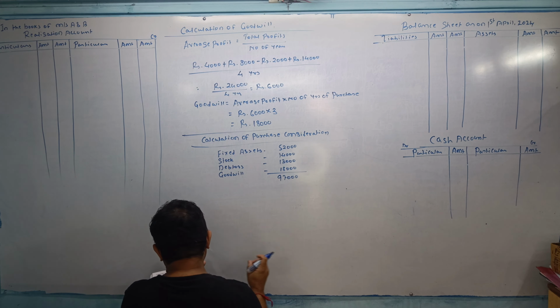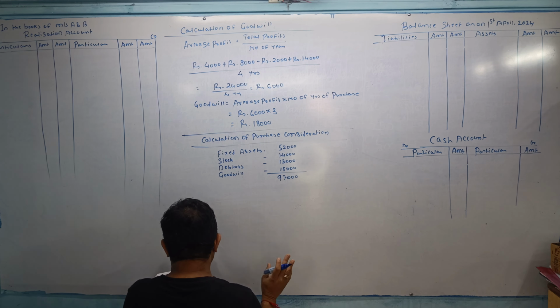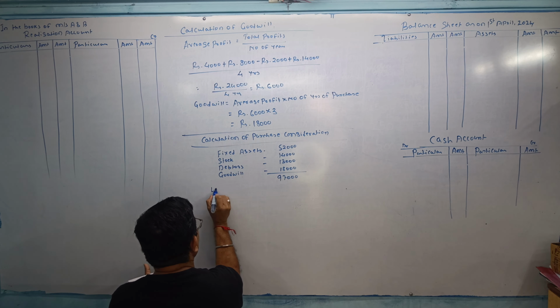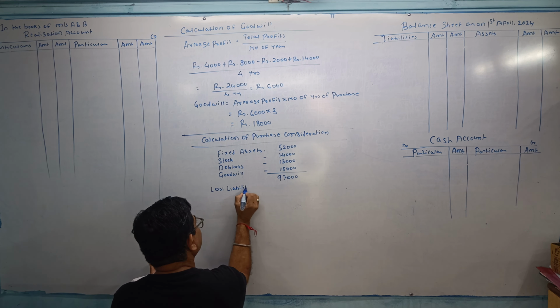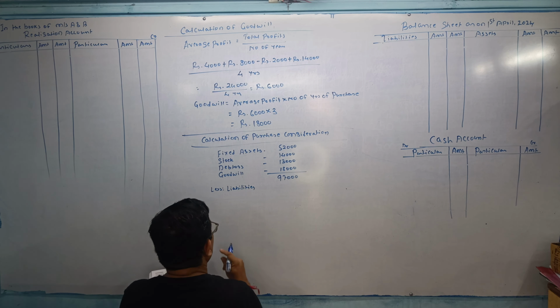And the company also agreed to pay creditors and bills payable at 10% discount. So less liabilities. Now liabilities में creditors are 20,000. So उसको 10% discount है.